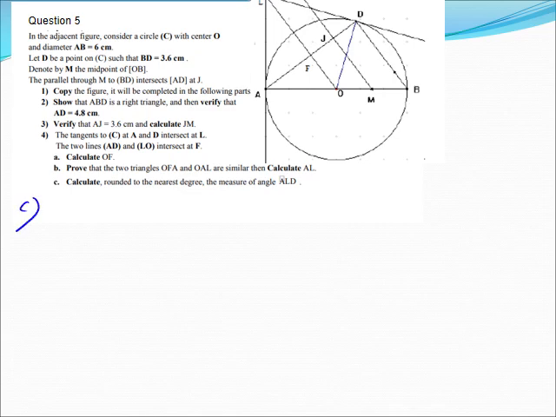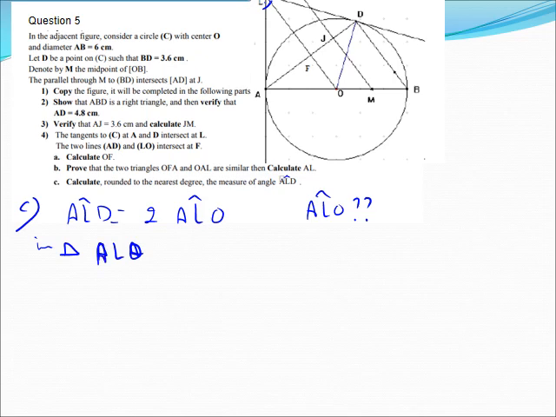Part C. Calculate, rounded to the nearest degree, the measure of angle ALD. ALD is equal to 2 times ALO. Find ALO. In triangle ALO, use a trigonometric ratio.